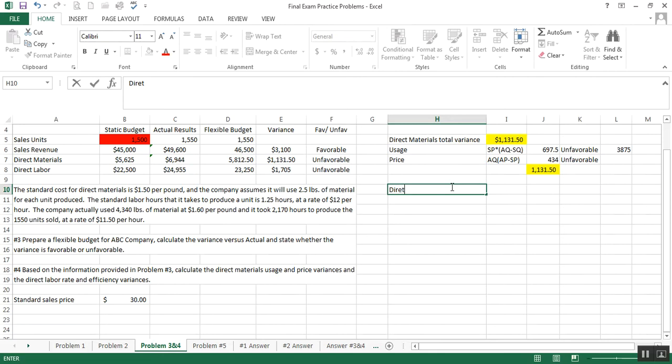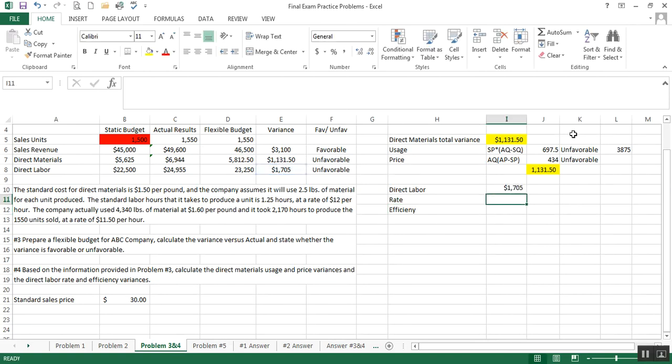Now let's look at direct labor. Again, we're going to have our rate variance and our efficiency variance. Rate is looking at how much you paid per hour, and efficiency is looking at how many hours you spent. So our direct labor is 1,705.